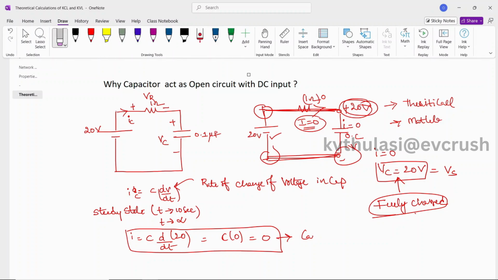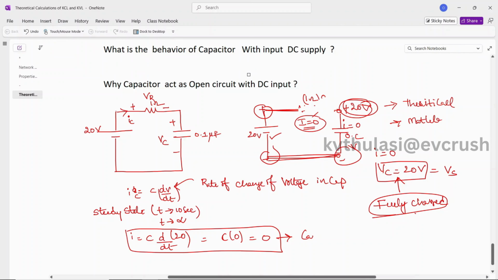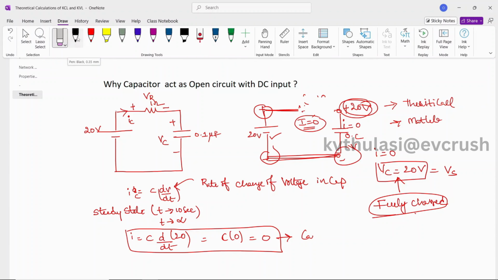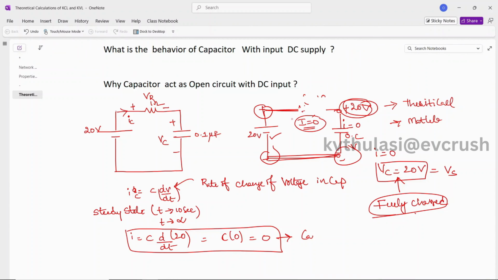So automatically the capacitor will act as an open circuit and become a fully charged capacitor. This is how we say that a capacitor with a DC input of 20 volts, or a steady state voltage of 20 volts applied for a time of t seconds, will act as an open circuit and allow the maximum voltage, so the voltage across the capacitor will be equal to the voltage across the resistor.